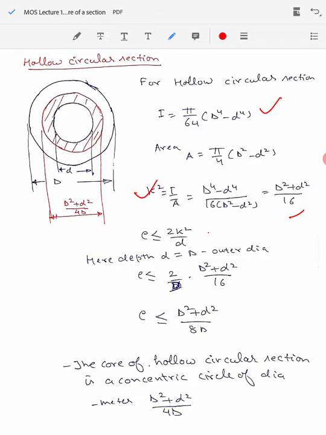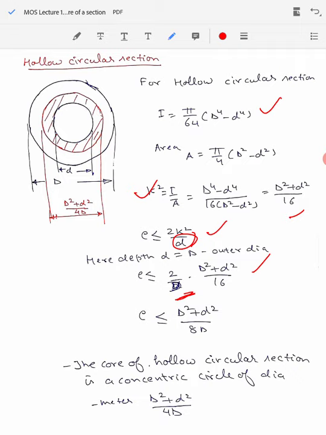Now let's use the formula for the limiting value of the eccentricity, that is 2k square by d. And mind it, here d is called the depth of the section, as the maximum depth of the section here is equal to the outer diameter of this hollow circular section, which is represented by capital D. So for the depth, I am going to substitute capital D here. For k square, I will substitute D square plus small d square by 16.